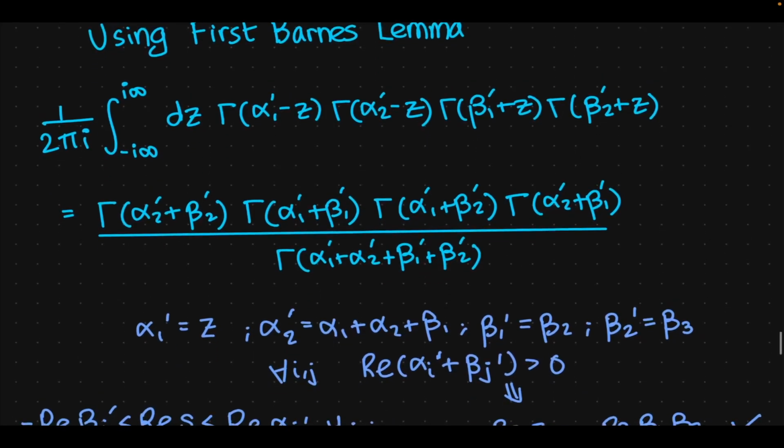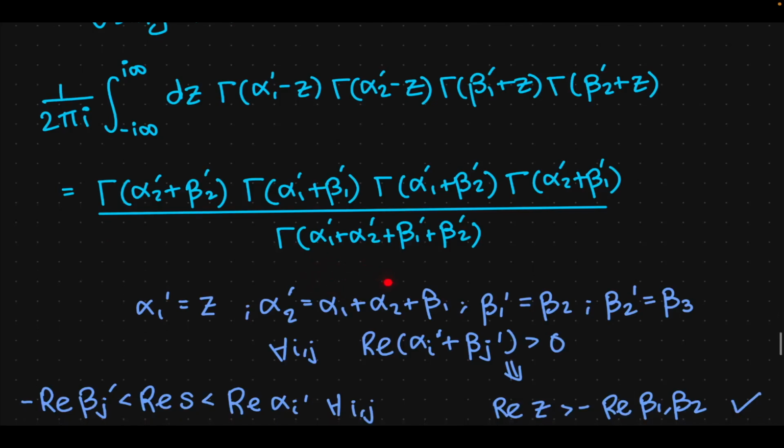And in this general form of the first Barnes lemma, I'm just going to relabel a few things. I'm going to call alpha 1 prime z, and alpha 2 prime to be alpha 1 plus alpha 2 plus beta 1, beta 1 prime to be beta 2, and beta 2 prime to be beta 3.